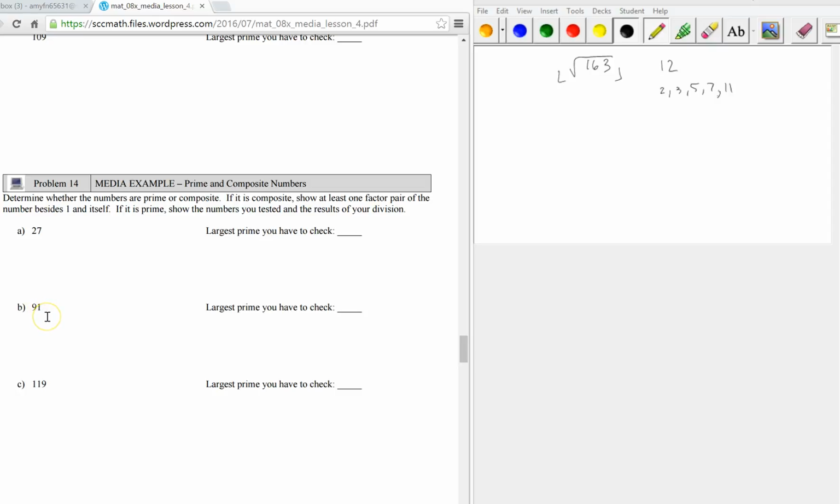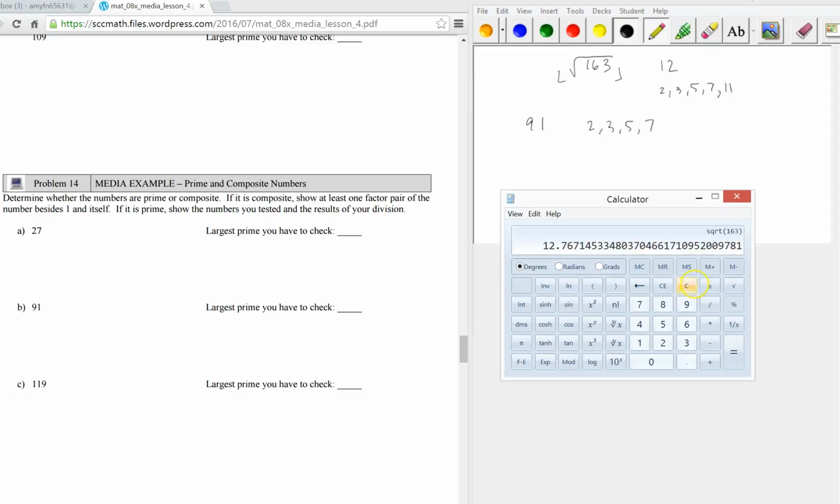For 91, let's just do one of these. For 91, to see whether it's composite or prime, you'd have to see if it's divisible by 2, 3, 5, or 7. Okay, and I think in the videos we just do division and check for remainders. If there's a decimal expansion, then it's not a factor. Okay.